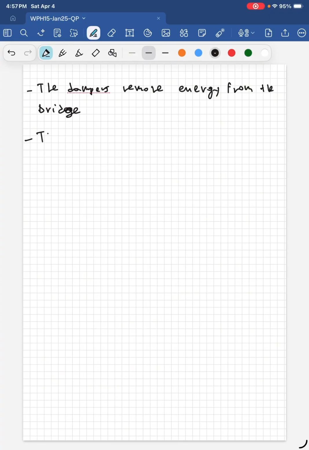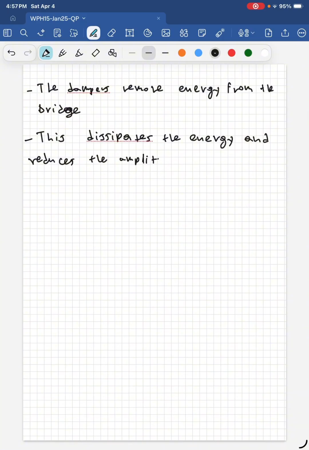So this dissipates the energy and reduces the amplitude of the oscillation.